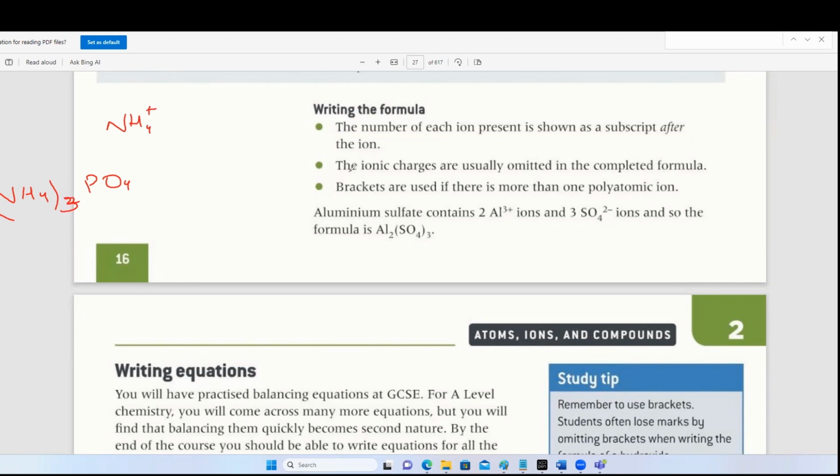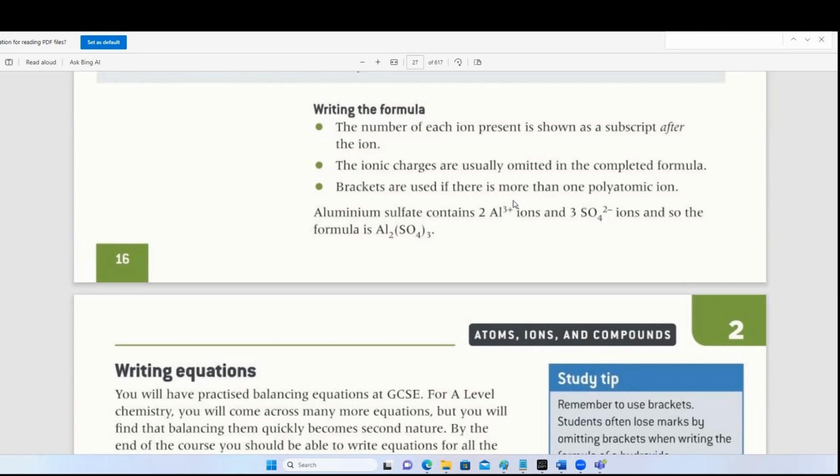So aluminium sulfate contains two aluminium 3 positive ions and three sulfate 2 negative ions. And so the formula is like this. Al2, because we need two aluminiums to give six positive charges, whereas each sulfate has gained two electrons, so we'll need three of them to counterbalance the six positive from aluminium.